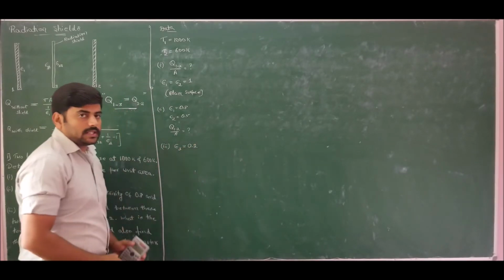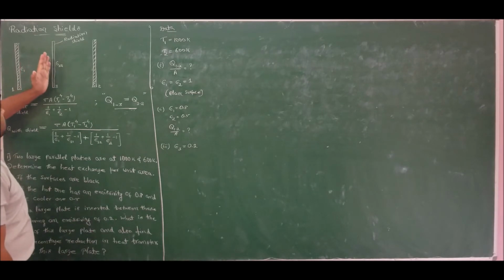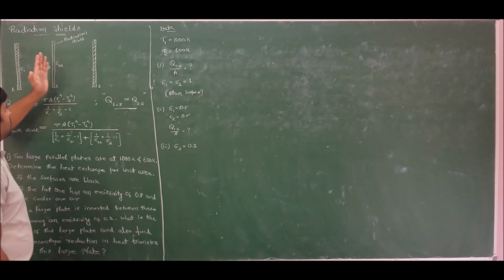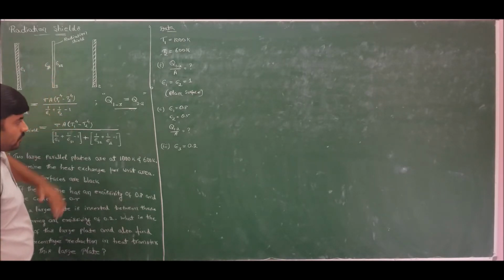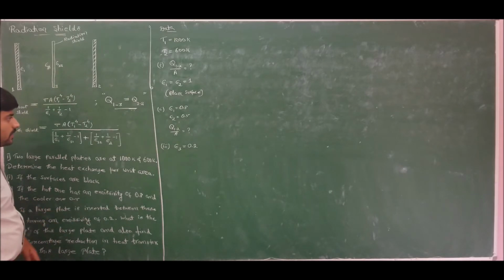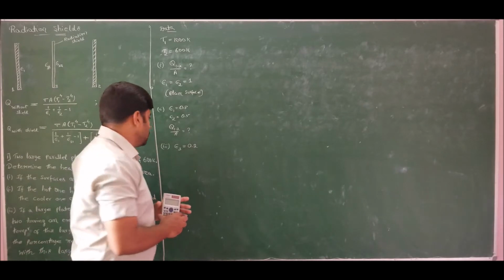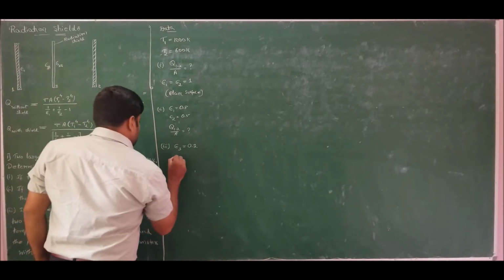A very important note is that this radiation shield need not have the same emissivities on both sides. There might be different emissivities. You should be careful whether the same value or different values are given. For this problem, it is specified as 0.2. Therefore, we can take it that both sides have an emissivity of 0.2 itself. What is the temperature of this plate?